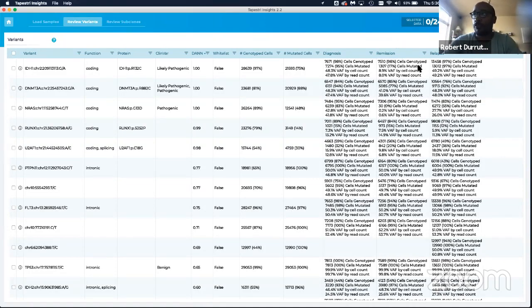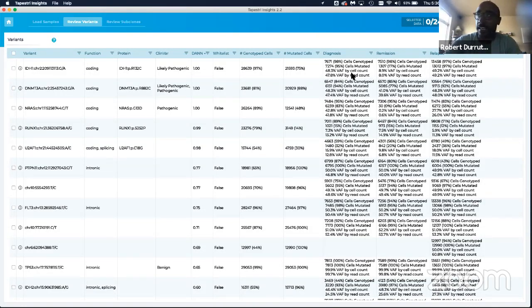And since we loaded 3 different time points of one patient, you also have 3 supplementary columns that display the same data that we just saw in those 2 columns: the fraction of cells that are genotyped and the fraction of cells that are mutated, only now on a per sample basis. In addition, we have metrics called VAF by cell count and VAF by read count.